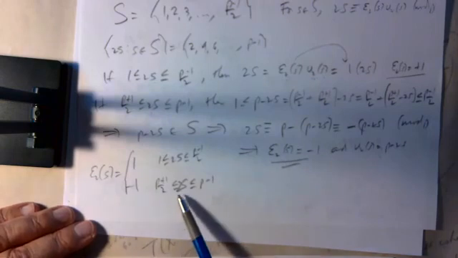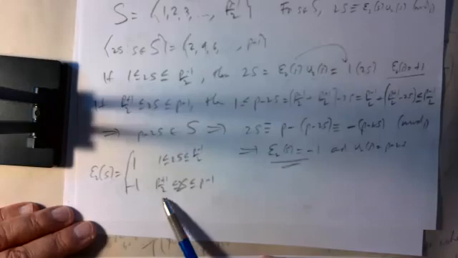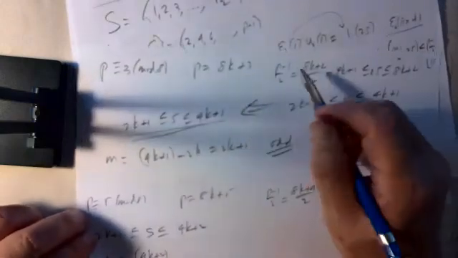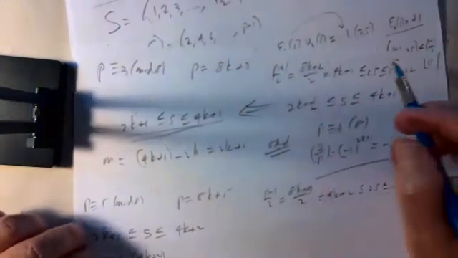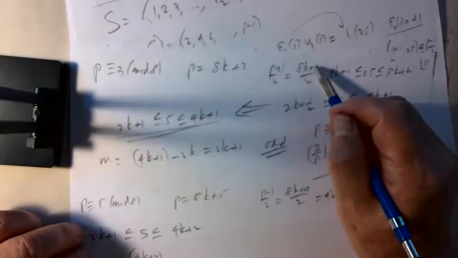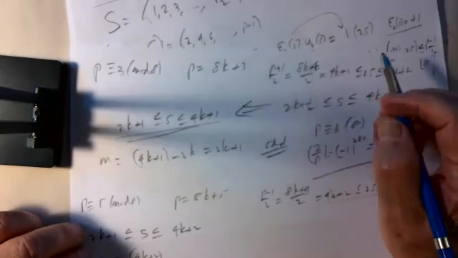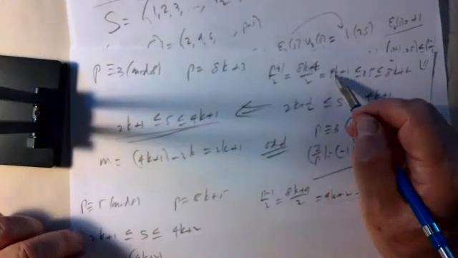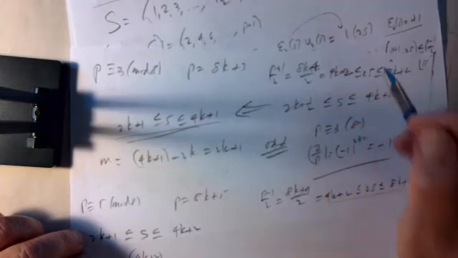So I had epsilon 2s is the number of integers where 2s is between (P plus 1)/2 and P minus 1. Okay. So this is supposed to be (P plus 1)/2. So this is (8K plus 4)/2, which is 4K plus 2.